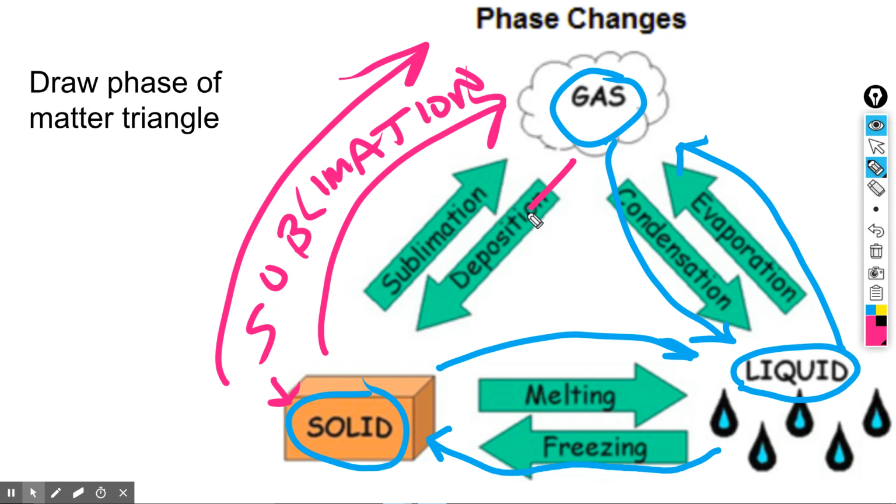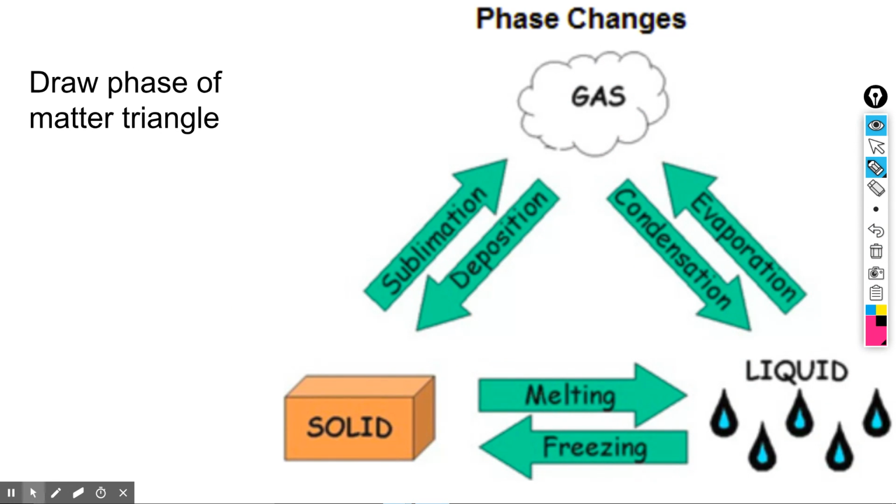Deposition is going straight from gas to solid. Both of those changes on that part of the triangle completely skip the liquid phase. They go from solid to gas and gas to solid. So we need to know those 6 phase changes, and we're calling this the phases of matter triangle. Look, so this is why we're calling it a triangle, right?